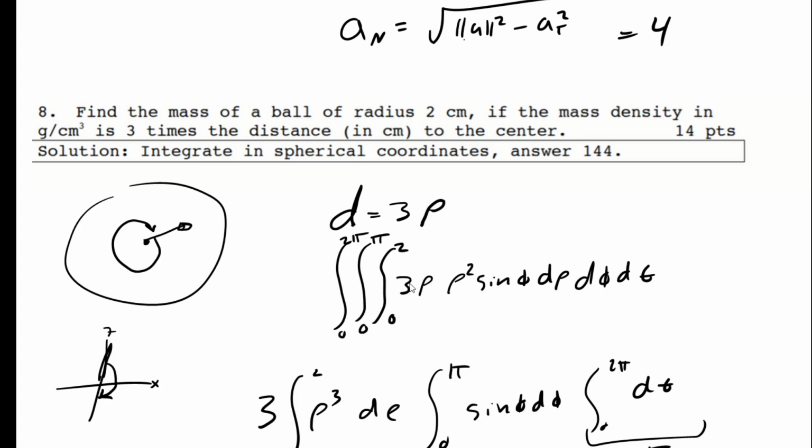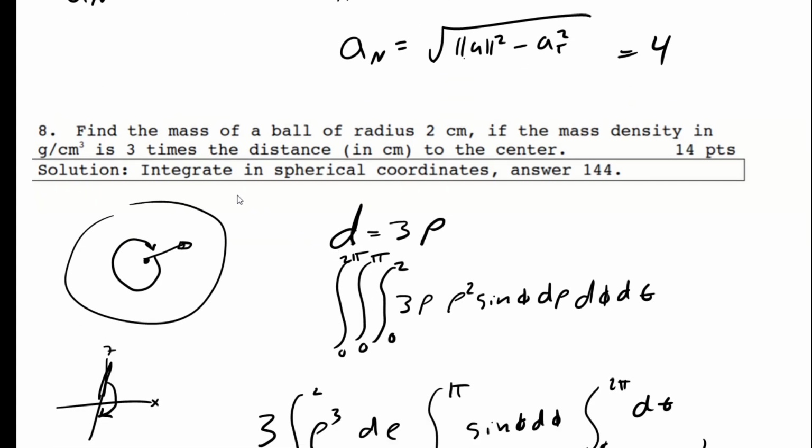Actually, you know what? Let me check. I think there's an easy way to check that this is absolutely wrong. Let's assume that it has a constant density of 6, 3 times the maximum radius. If the density was constant at 6, then it would be 6 times the volume, which is 4/3 pi r cubed.